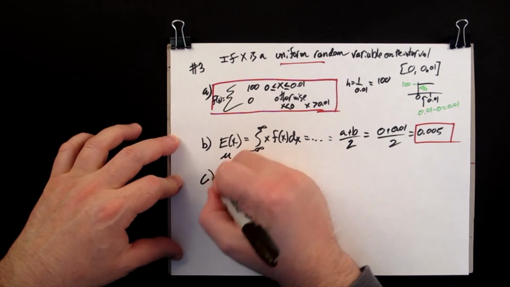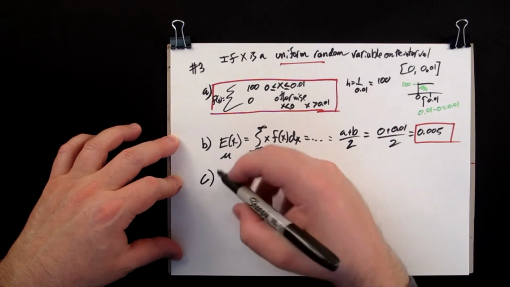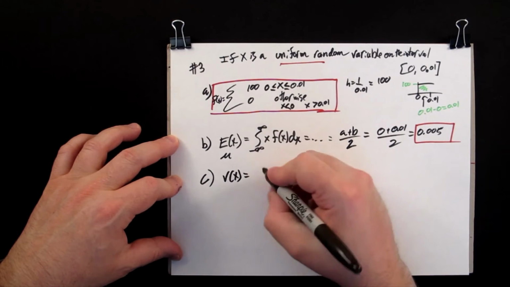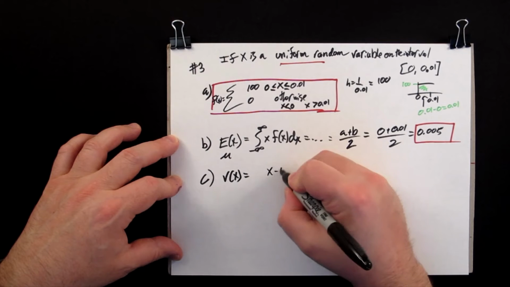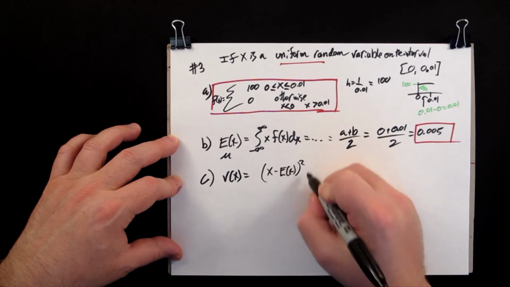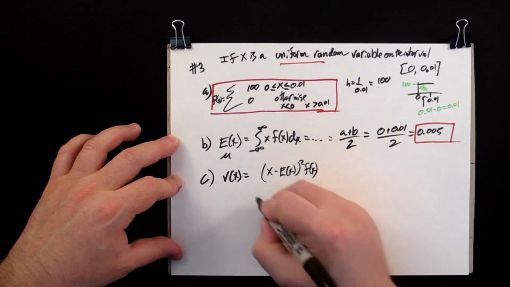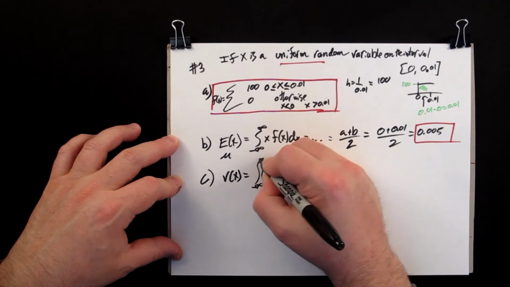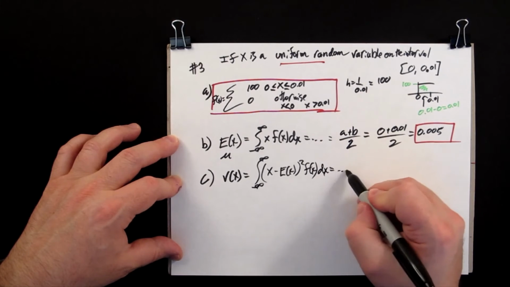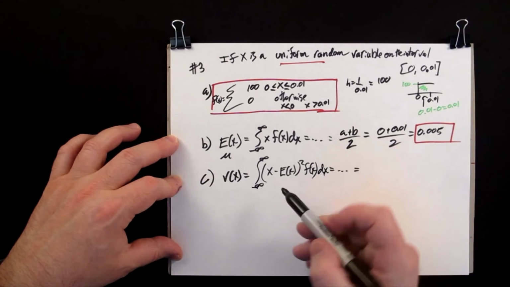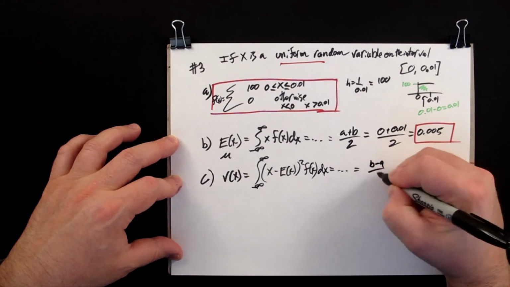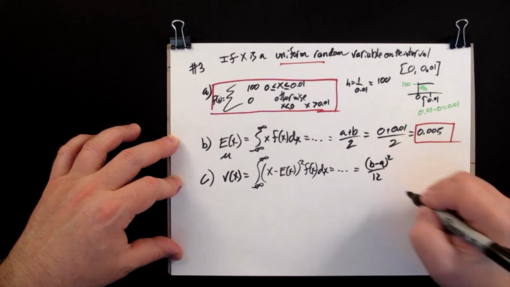Similarly, what's the variance? Okay, again, you have this function, so you could look at the distance of each observation from the mean, square it, times the chance of seeing it, and then sum all of them up. But because this is a uniform random variable, there's a formula that is equivalent to this, which is b minus a squared over 12.